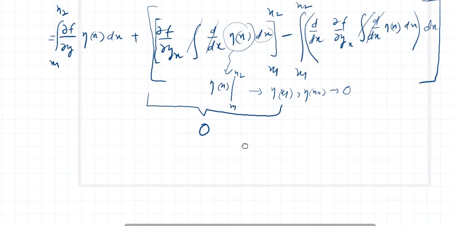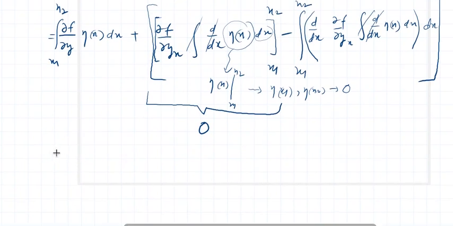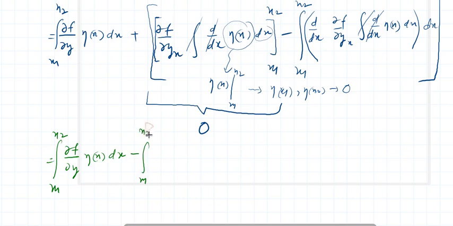So what will it be? It is equal to ∂f/∂y η(x) dx from x1 to x2, minus the integral from x1 to x2 of η(x) times d/dx of ∂f/∂y' dx. That's what I'm getting now.